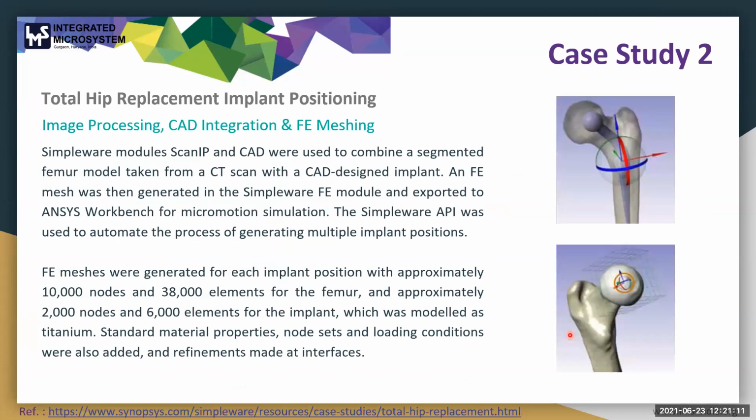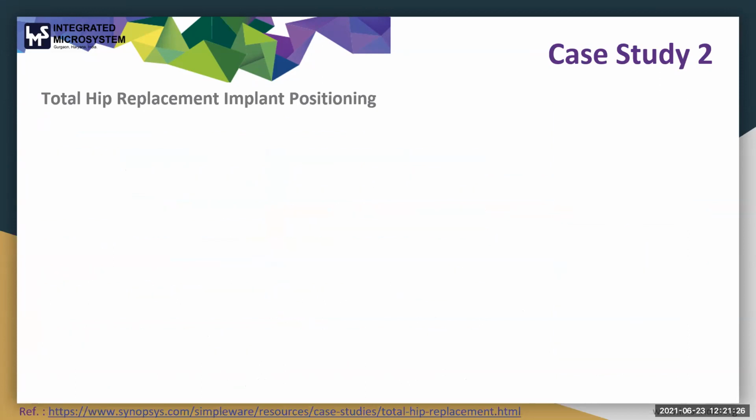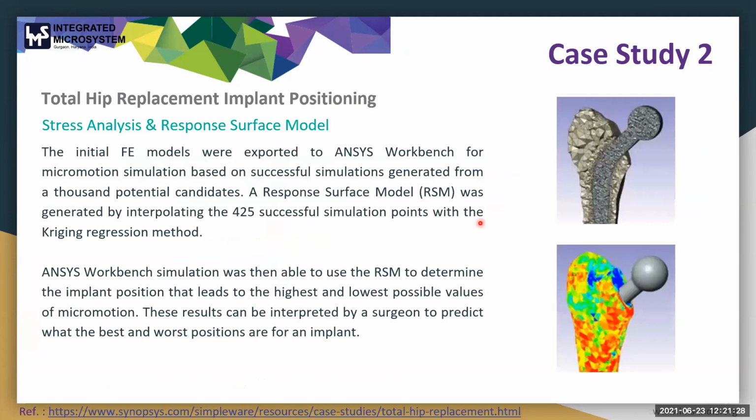To check that, image processing was done, and the CAD implant was positioned into the femur. Finite element meshing was then done to simulate and find out various mechanical properties.